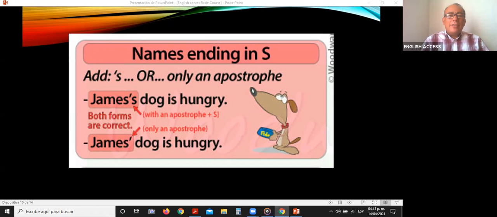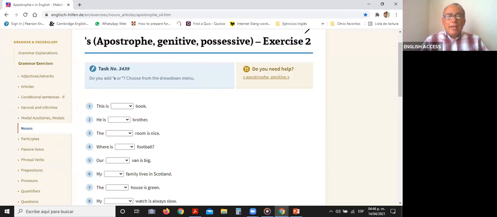Okay, let's do an exercise. Can you see the screen again? Here is an internet page where we can practice about the apostrophe S or the possessive noun. I'm going to send you the link so you can practice. I'm going to send you the link on the chat.